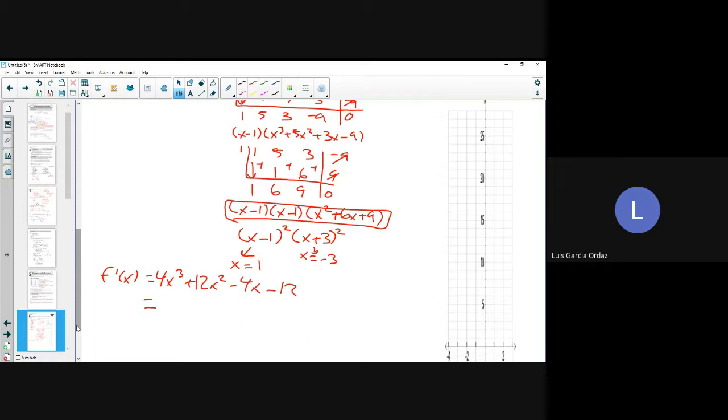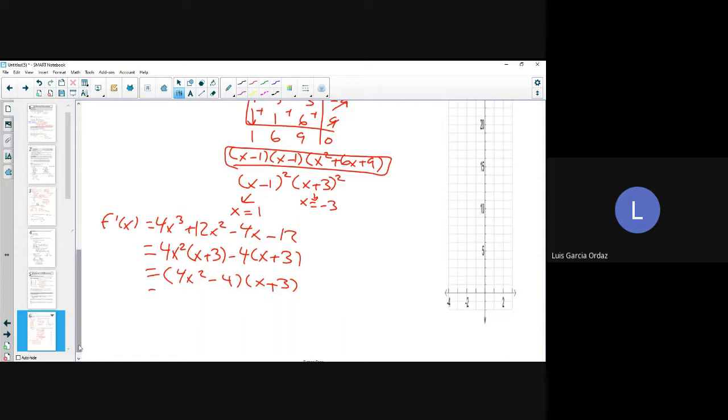So I'm going to take my first two and factor that. I can factor out an x squared, and I'm left with x plus 3. I can factor out a negative 4 from my other two, and I get x plus 3, which means I'm left with 4x squared minus 4 times x plus 3.